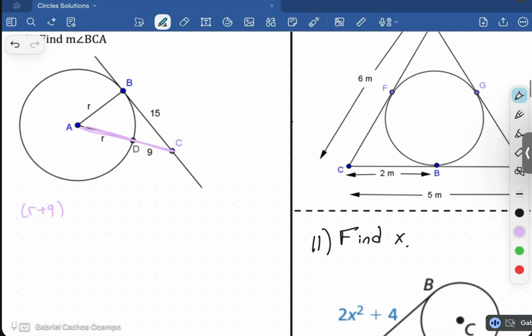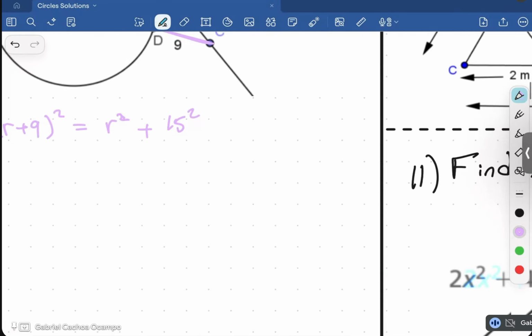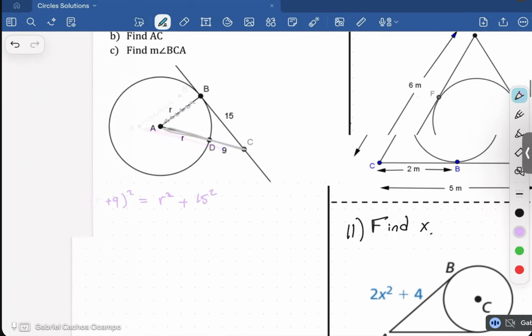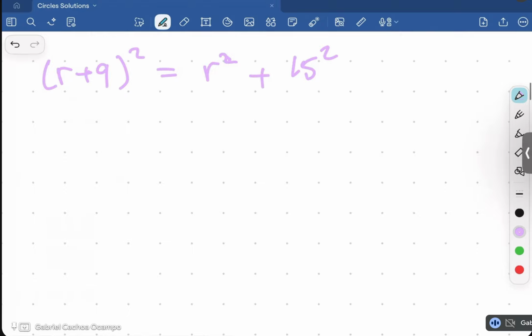Okay, so I'm going to do r plus 9 squared equals my legs squared. That is r squared plus 15 squared. Okay, now let us solve this equation. If you think that this is r squared plus 81, kids, you are wrong.